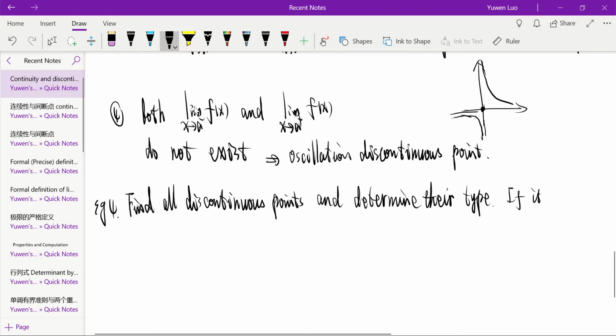If it is removable, redefine the value to make it continuous.